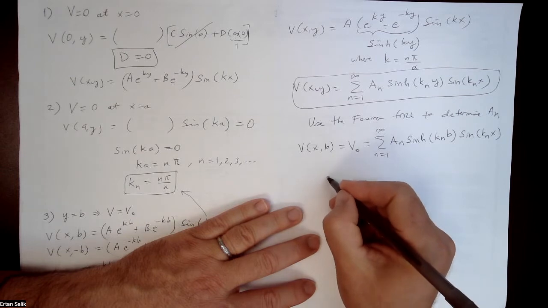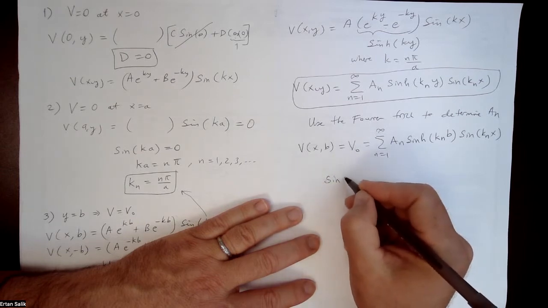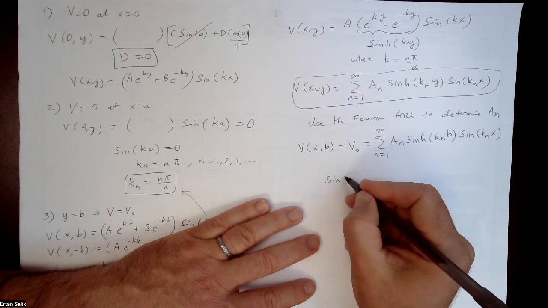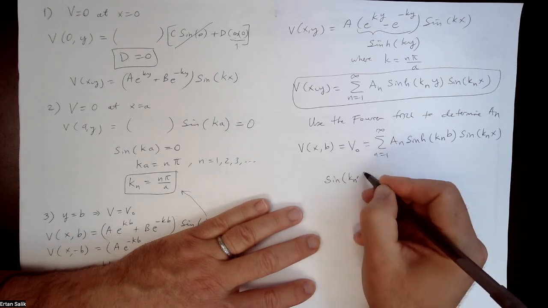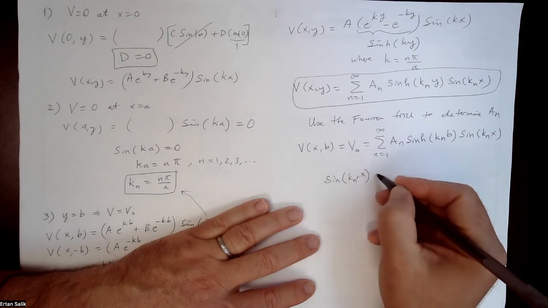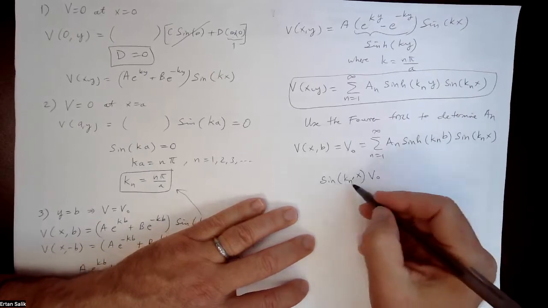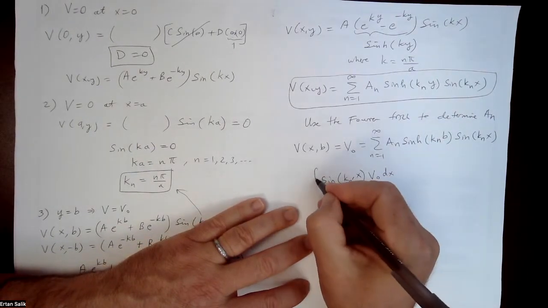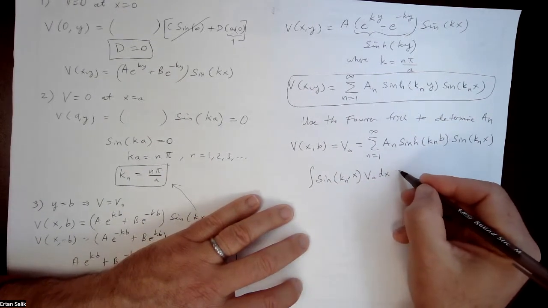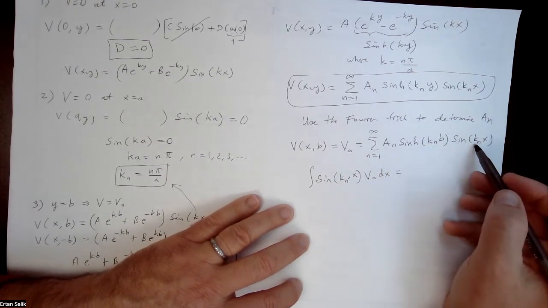Okay, so sine kn prime x times v0. Okay, now I'm going to integrate dx, and on the right hand side, when n equals n prime, that's the only one that will survive.